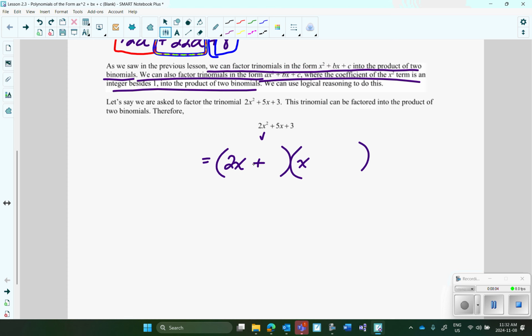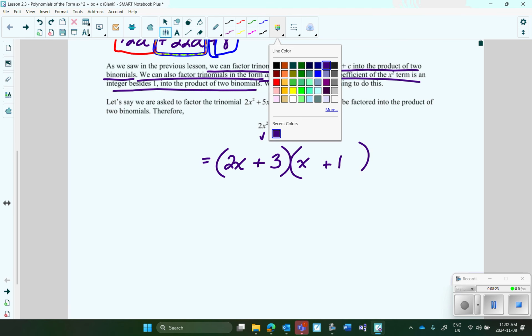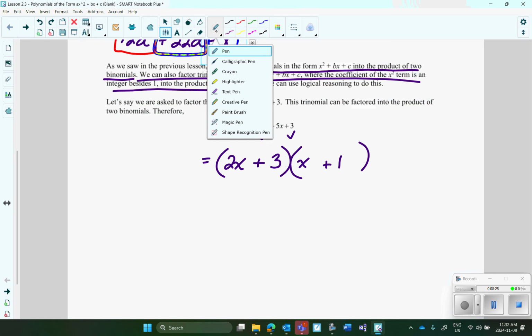And don't forget your signs. So it's positive 3 and positive 1. That works. But I don't know if I'm completely correct, because if I multiply it through, do I get this? Well, let's see. How do we figure this out? This is where we go to the rainbow.